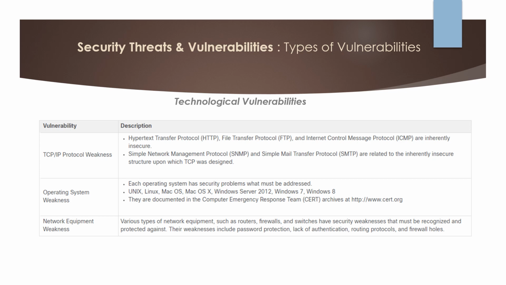And here is listed a table with the vulnerability and the description for each. We have vulnerabilities about the TCP/IP protocols, about the operating system, and the network equipment. And as you may see much further in this table.